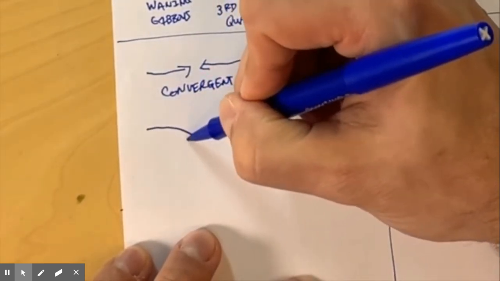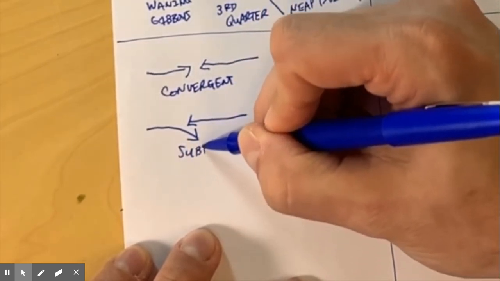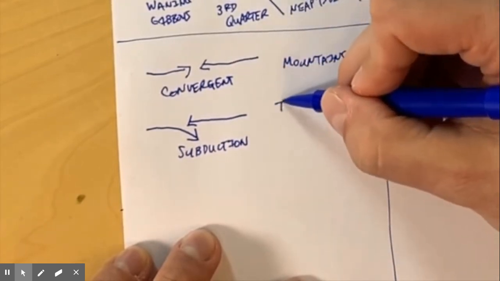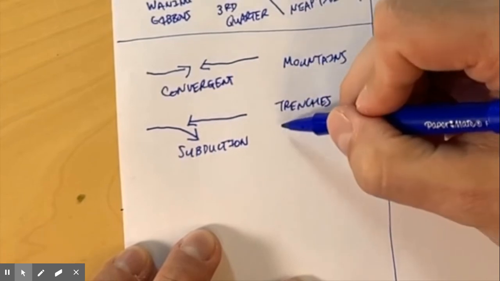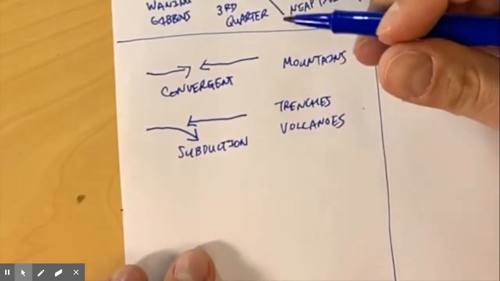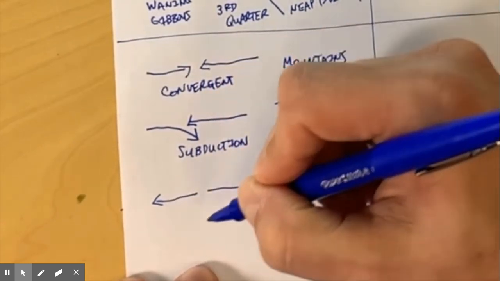Generally, when two continental plates collide together, they create a mountain chain. Now, if one is more dense than the other, they create a subduction zone. Generally, what happens is an oceanic plate goes underneath a continental plate, and it creates trenches. And the geological formation that is created on the backside of the continental plate is a volcano.